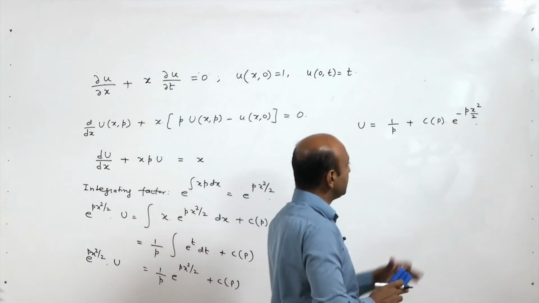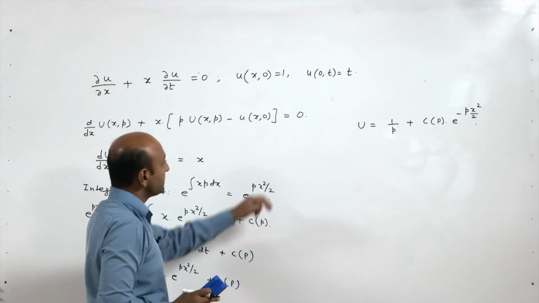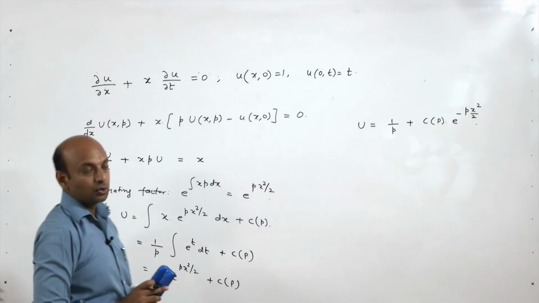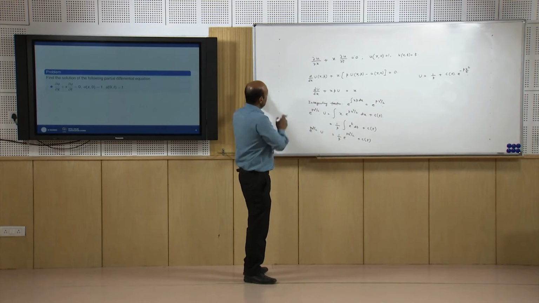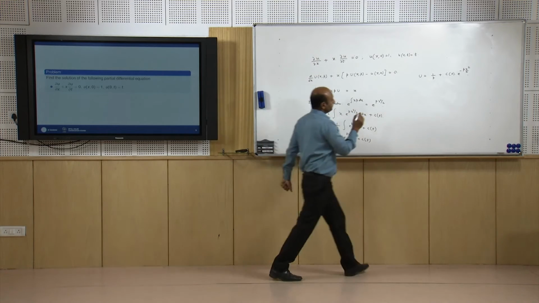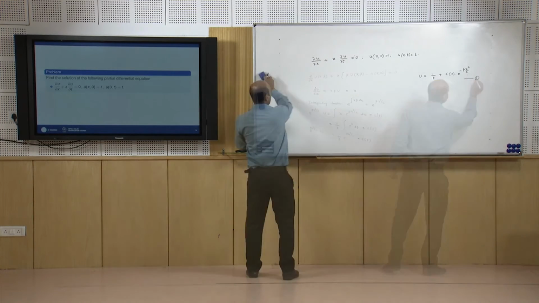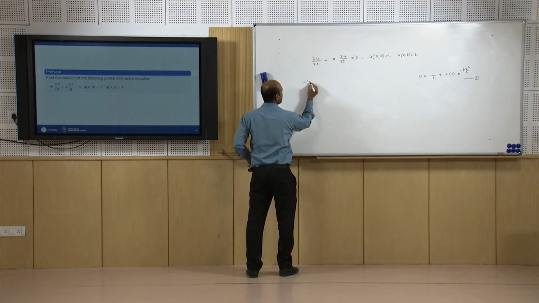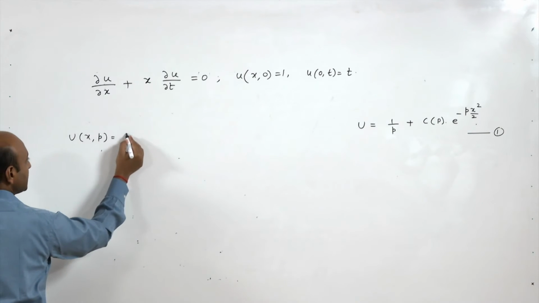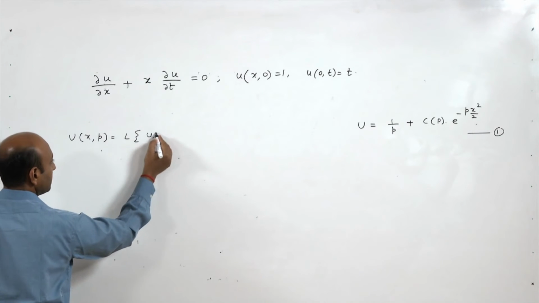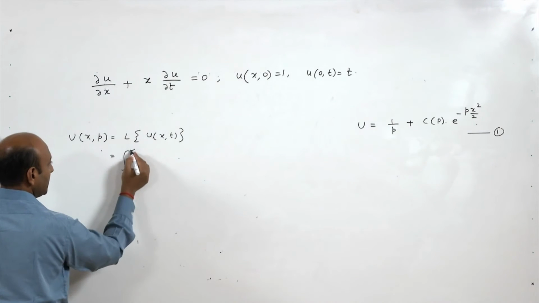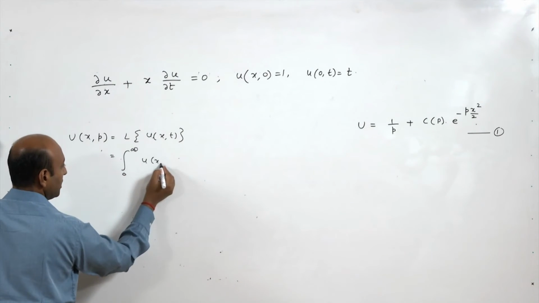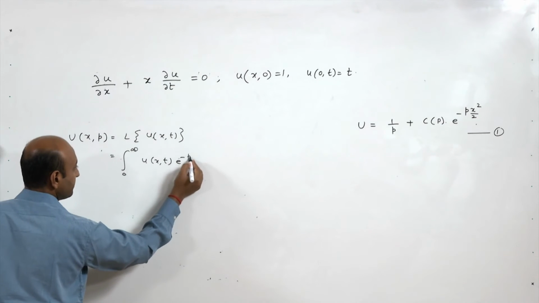Now, to calculate C(p), we will use the second condition, u(0, t) equals t. Okay. Now, what is U(x, p)? U(x, p) is nothing but the Laplace transform of u(x, t), which is the integral from 0 to infinity of u(x, t) into e to the power minus p t dt.